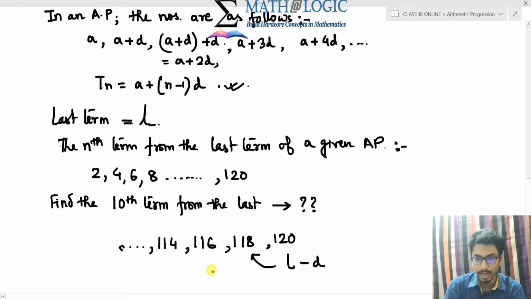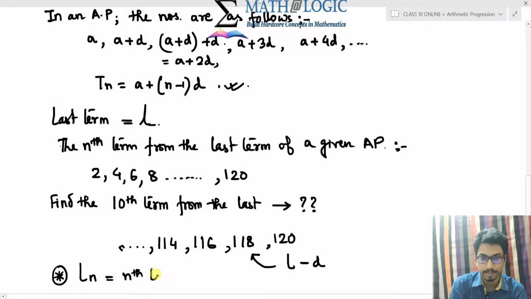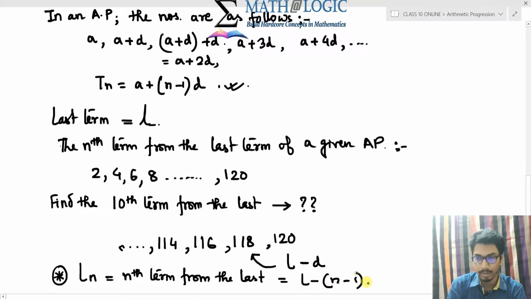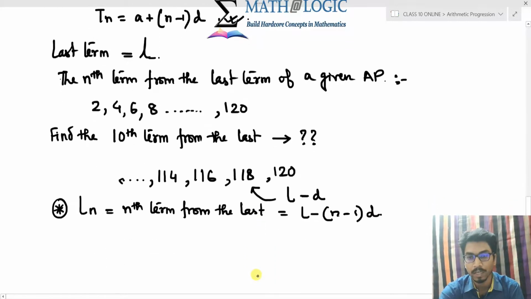Again you can subtract D from this, L minus D. So what you will do is this: Ln, the nth term from the last, is equal to L minus (n minus 1) multiplied by D. This is how this formula will become easier for you.